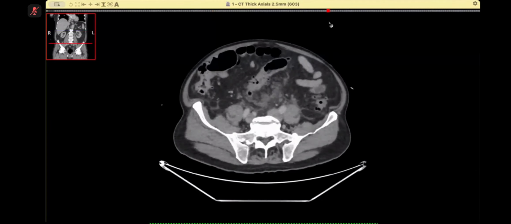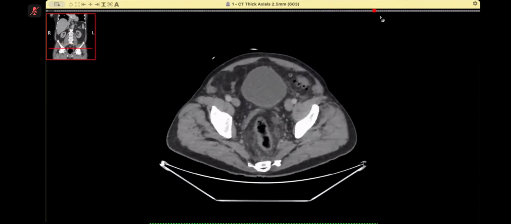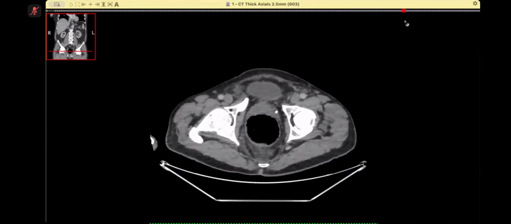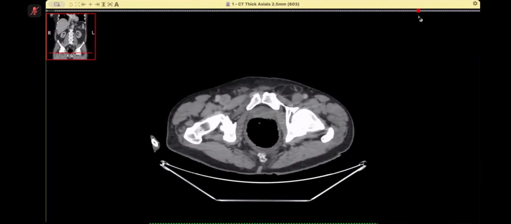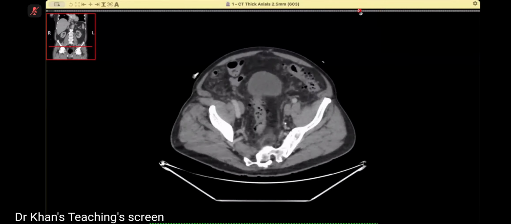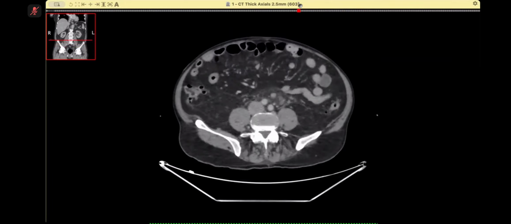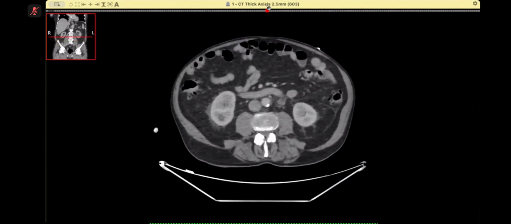So there is diverticulitis along with the mesenteric panniculitis, resulting in extensive fat stranding, and it can be the cause of acute abdomen in this patient, and also a left inguinal hernia, which is non-obstructing, and we'll take another look at the vessels.